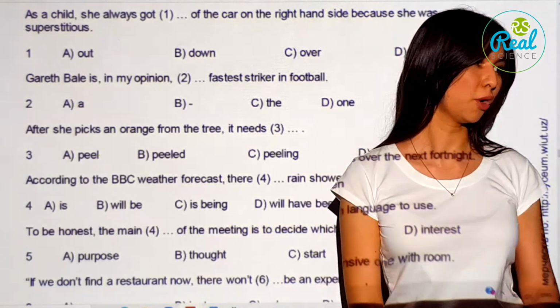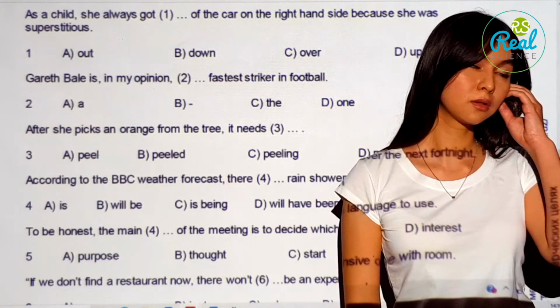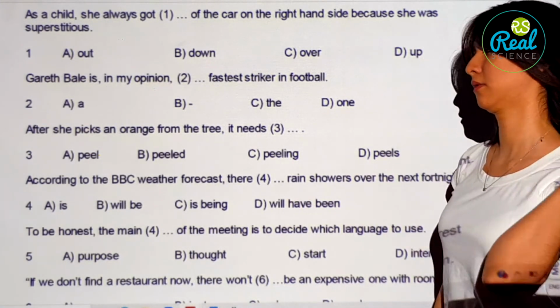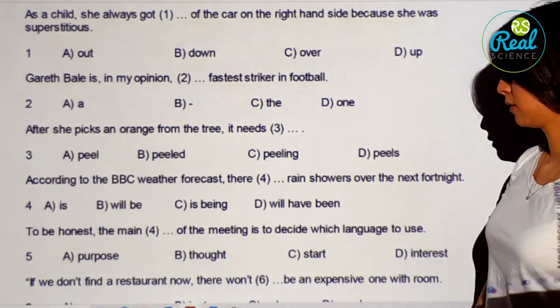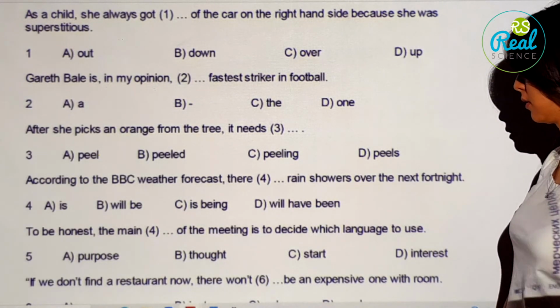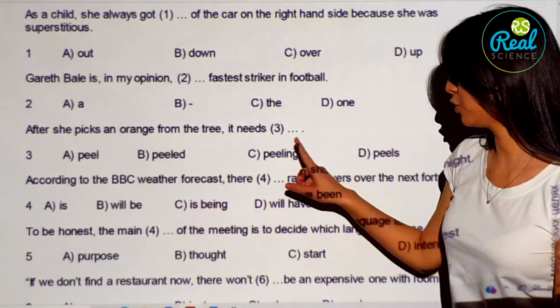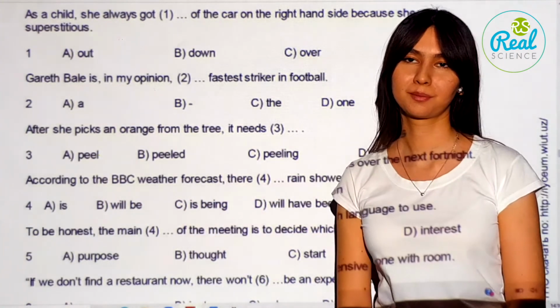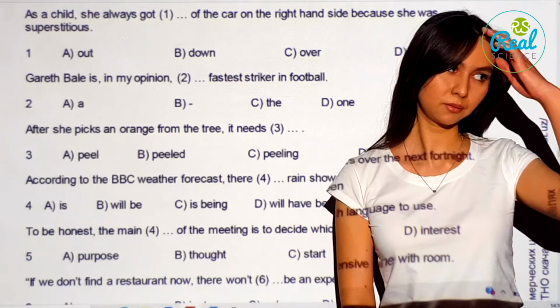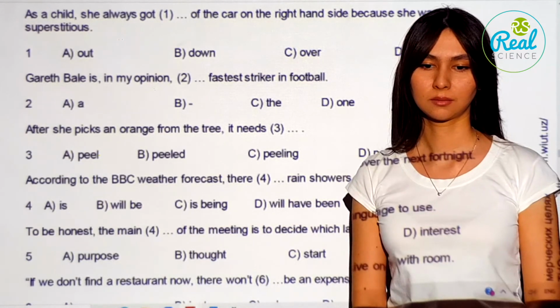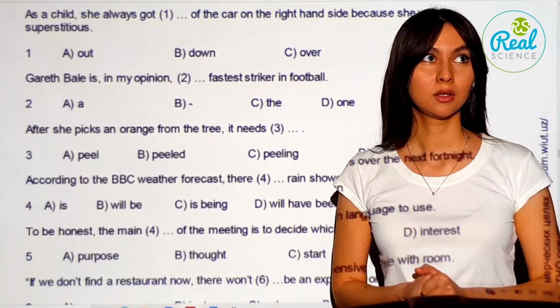According to the BBC weather forecast, there will be rain showers over the next fortnight. Very good. There will be. Why is it not "there is being"? Because it's a forecast. Because it's future.